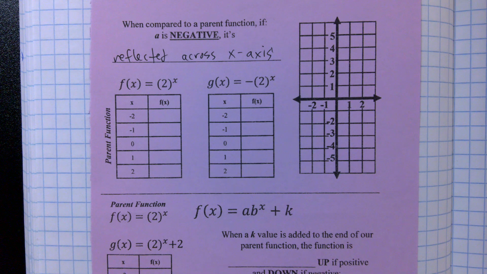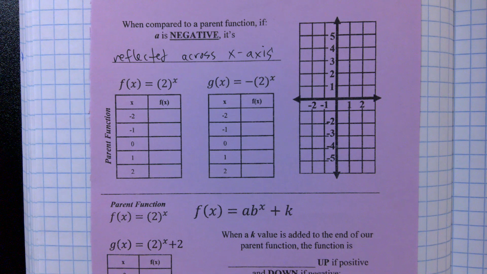Would this be a stretch or a compression? It'd be a compression because it's negative, right? That's exactly what you would think. That's why we keep them separate. The absolute value of my a is what we really should be talking about. This is going to be a vertical stretch that also happens to be reflected over the x-axis.